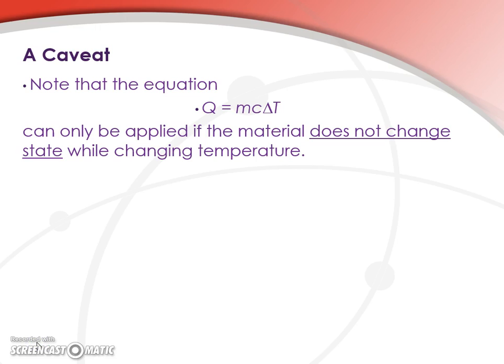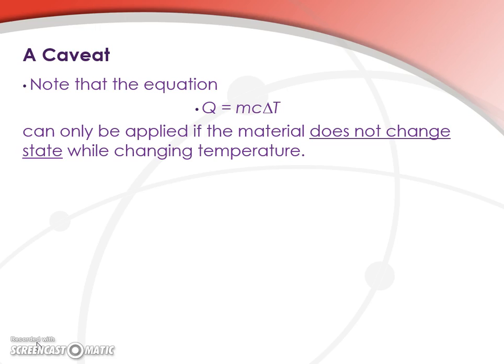Now we talked about the equation Q equals mc delta T yesterday, and we used it to solve the problems before this class. But this equation only works in certain carefully chosen cases.